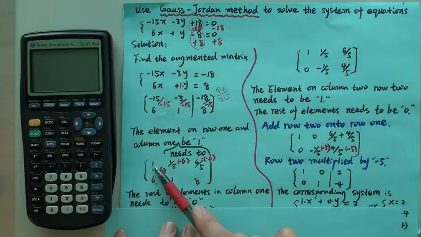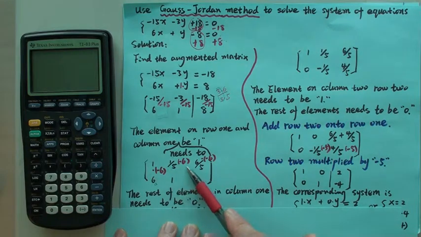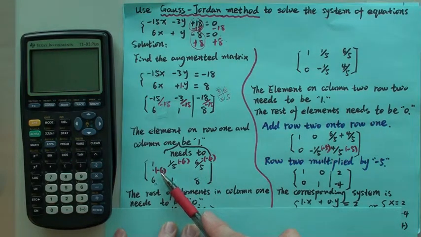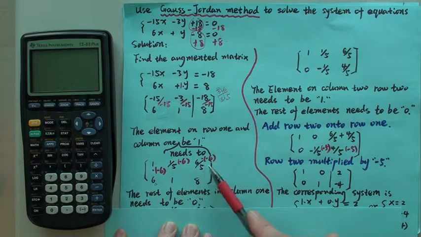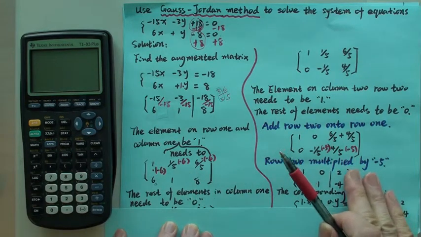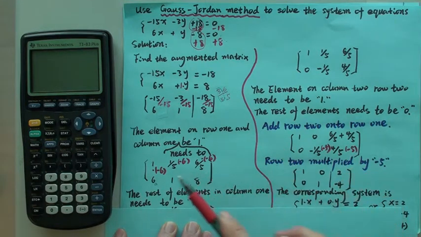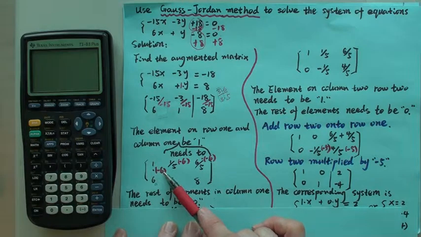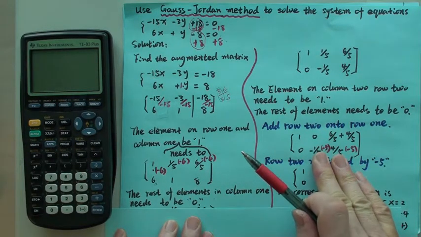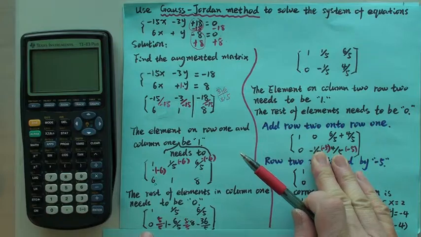Again, if you multiply the equation by negative 6, then everything needs to be multiplied by negative 6. So we have 1 times negative 6 plus 6. You get 0 here.